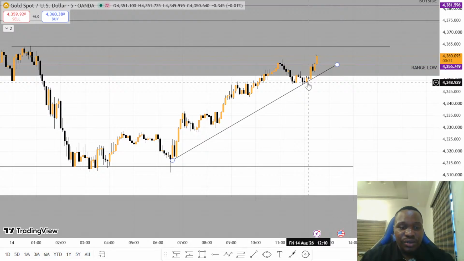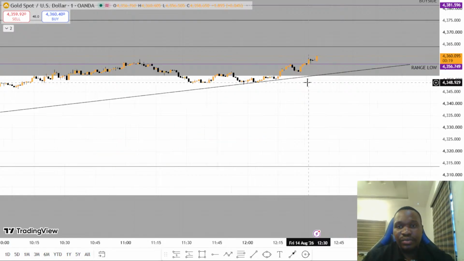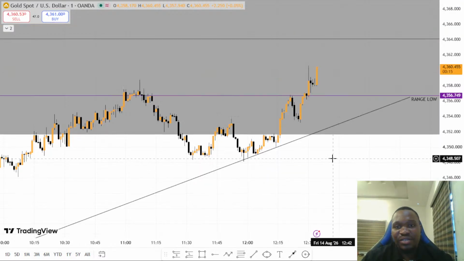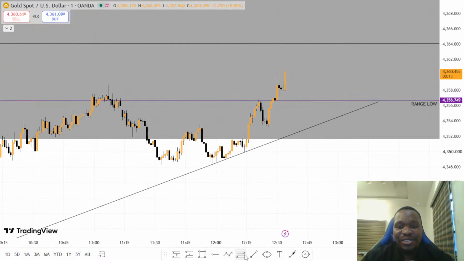All right. So the 1 minute time frame. Now on the 1 minute time frame, I can easily tell you where price is going to go. I want to see price go to this point, 4364, that's where I want to see price go to.